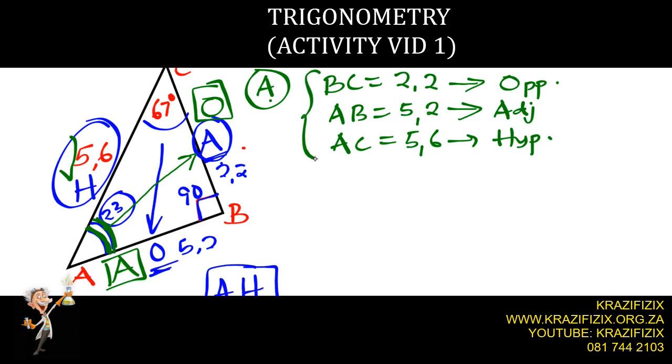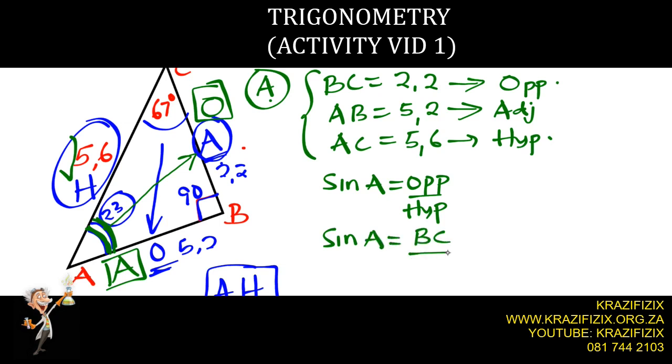Since I have my three sides, I can actually use any trig ratio. Sine A is opposite over hypotenuse. So sine A, what is my opposite? BC. And my hypotenuse? AC. And what is sine A?